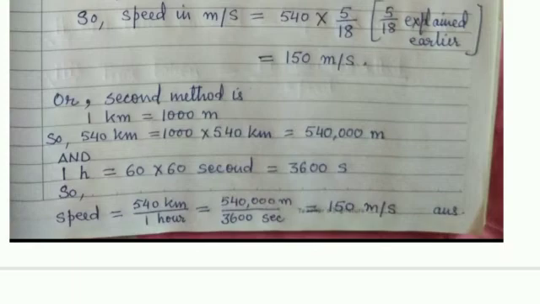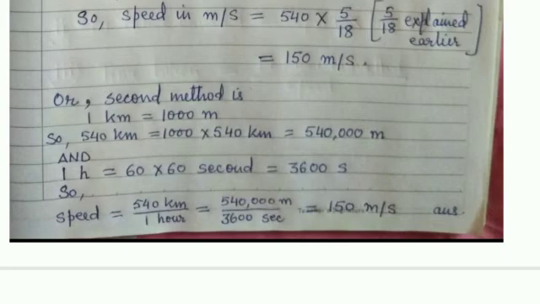So we all know speed is equal to distance by time. Our distance is 540 kilometer and time is 1 hour. Change kilometer into meter. We have done 540 kilometer is equal to 540,000 meter. So 540,000 meter divided by 1 hour. 1 hour is equal to 3600 second, so we put 3600 second in the lower part.